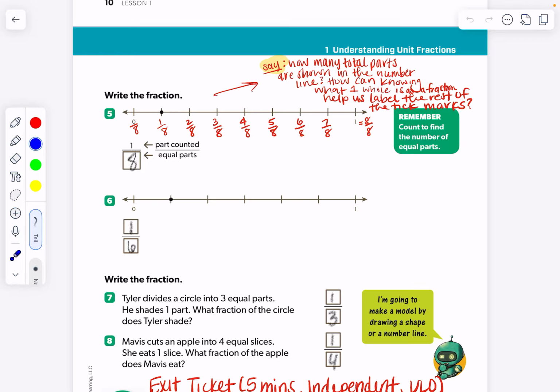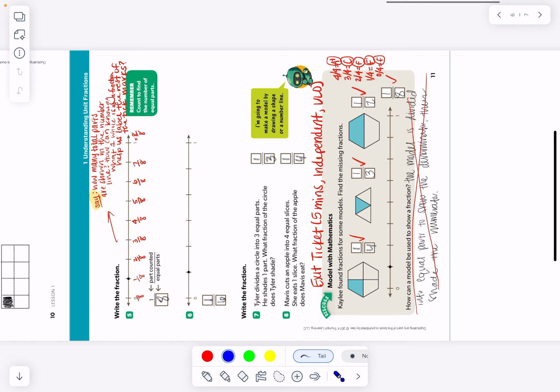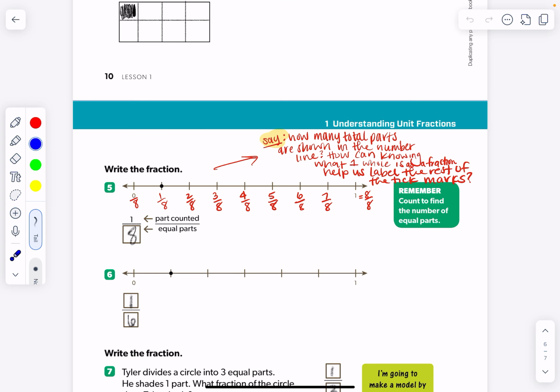8. How can knowing the total number and what one whole is as a fraction help us label the rest of the tick marks, right? So if we know that there are a total of 8 parts and we know that one whole can also be written as 8 eighths, then we know that each of these tick marks has a denominator of 8.